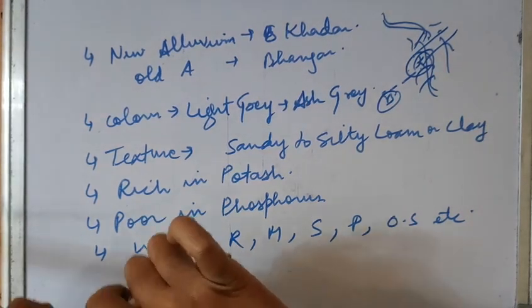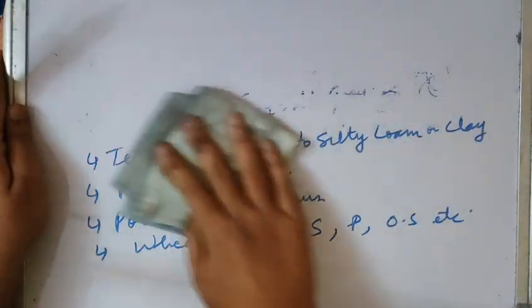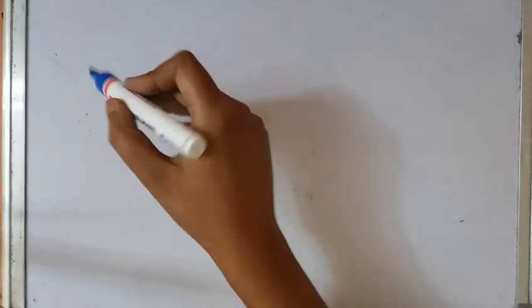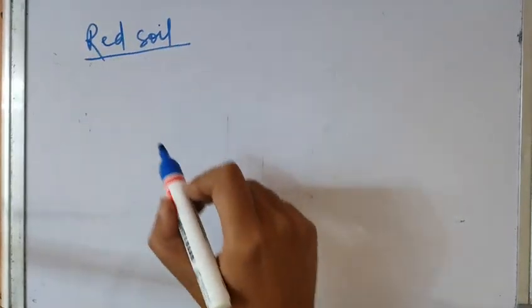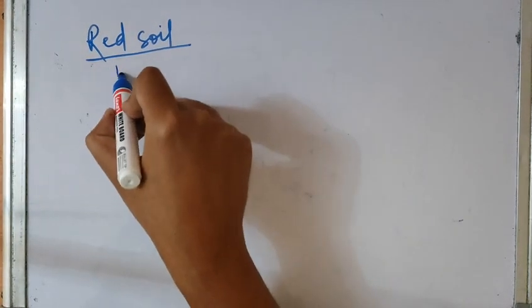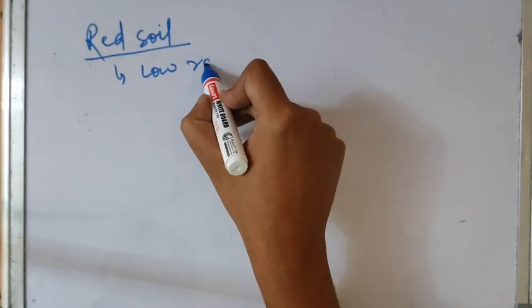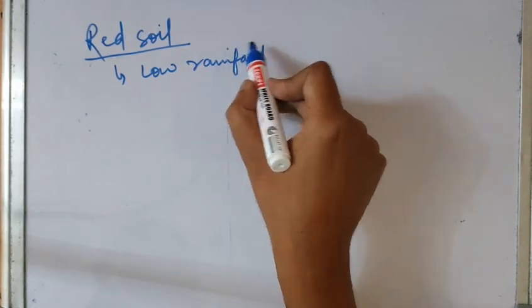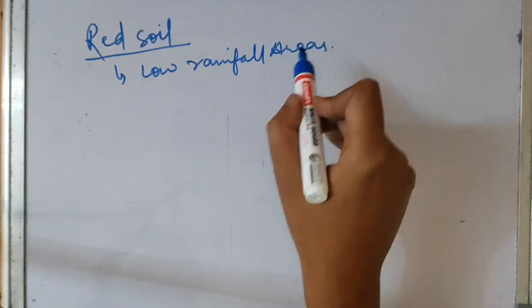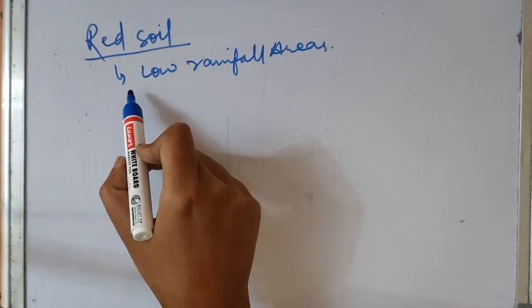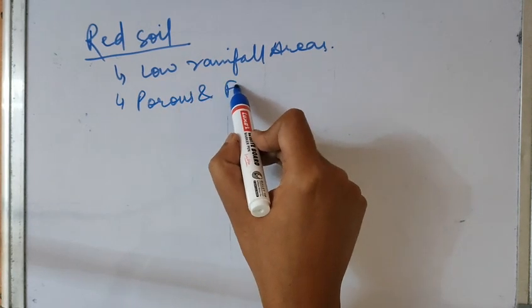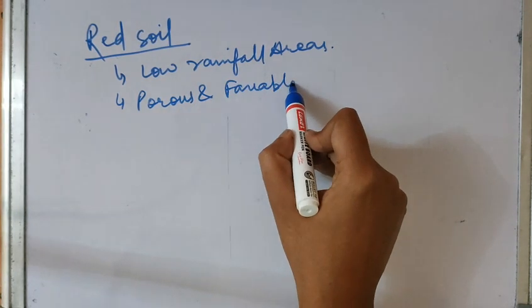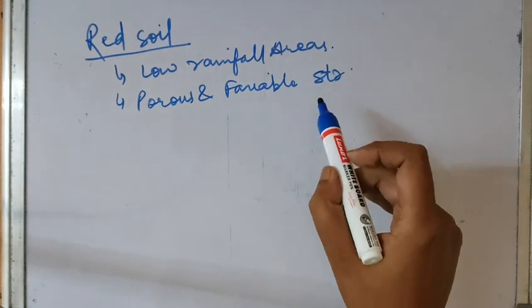Now moving on to another soil, that is the red soil. Seen mainly in low rainfall areas. Porous and variable structure. It is also known as omnibus soil.